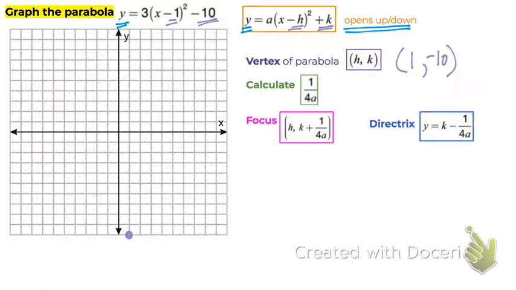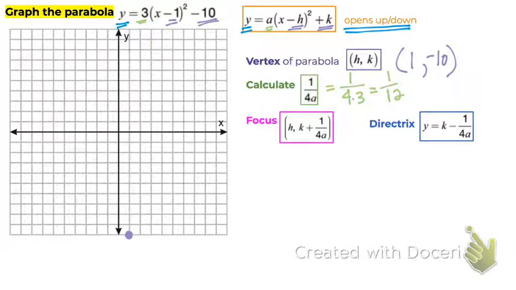Now I'm going to calculate the 1 over 4a, so I can use it in both the focus and the directrix formulas. And in this case, it's a little easier. a is just 3. So it's 1 over 4 times 3, or 1/12. So let's figure out where our focus is then.